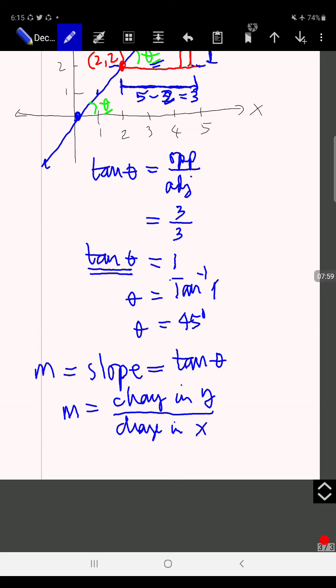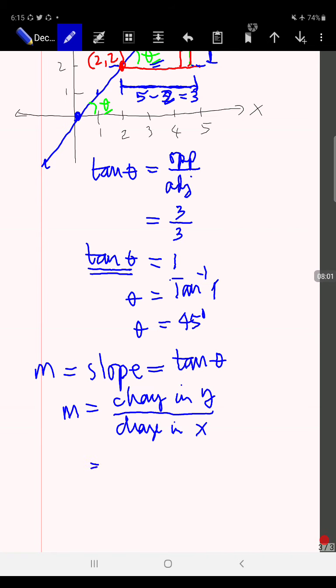Now, the notation for the change in y is this. We read that as delta y over delta x. So, the slope m is also equal to delta y over delta x.